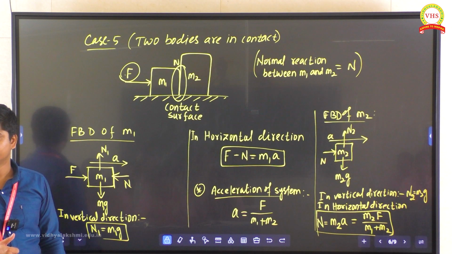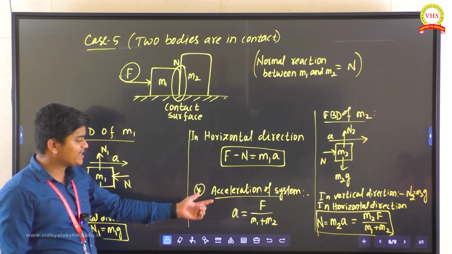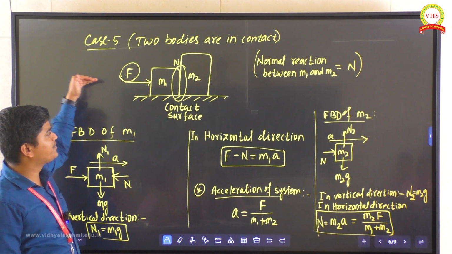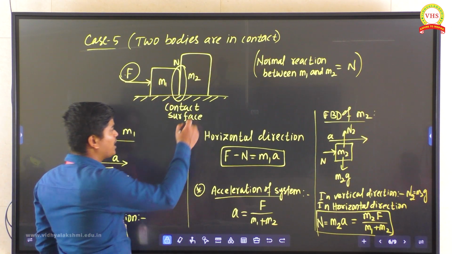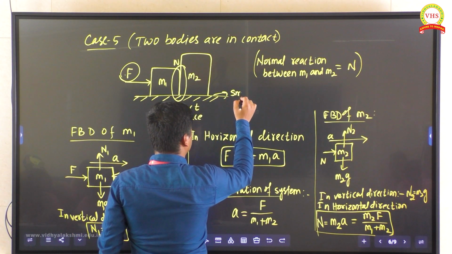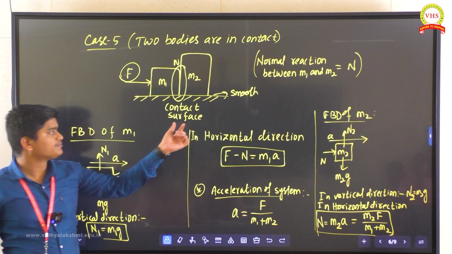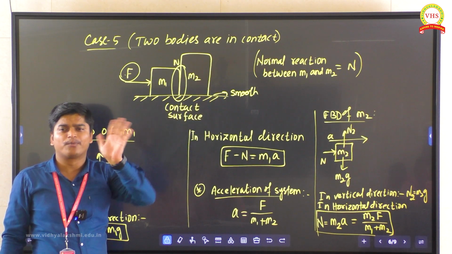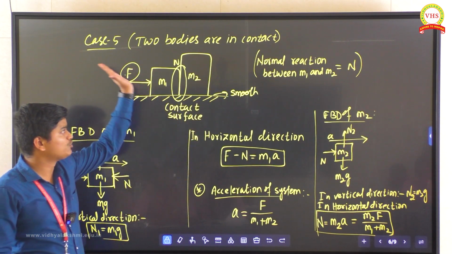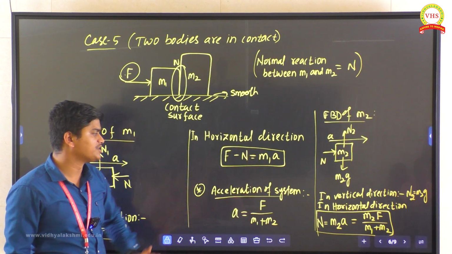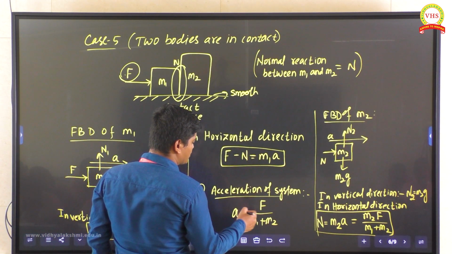Clear idea? Okay. So for the acceleration of the system, remember, F is in this direction and I considered it a smooth surface. There is no rough surface, no friction. So the object will move in this direction with this acceleration, the acceleration of the system.